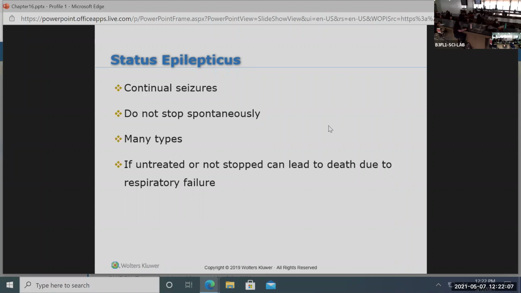A seizure is supposed to stop within a few minutes or seconds, but it's still going on. Continual seizures. Number 2, they do not stop spontaneously. If untreated or not stopped, it can lead to death due to respiratory failure.